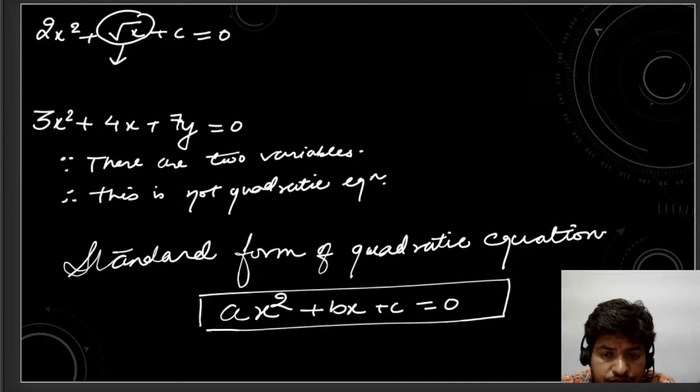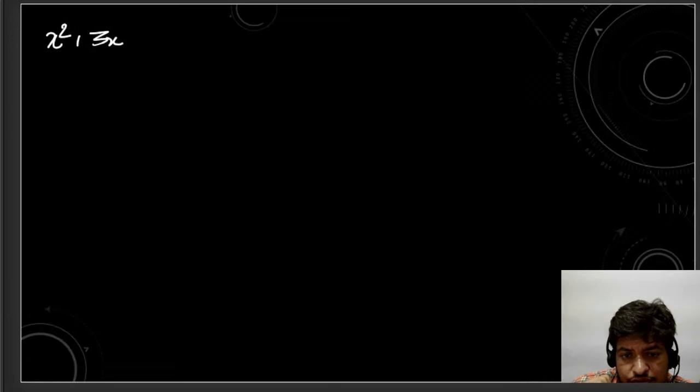Now, I have an example, x square plus 3x plus 2, and that is equal to 0. You have to tell me what is the coefficient of x square.